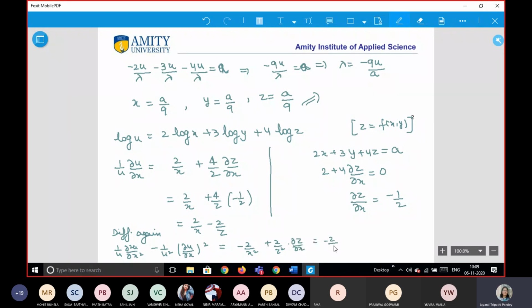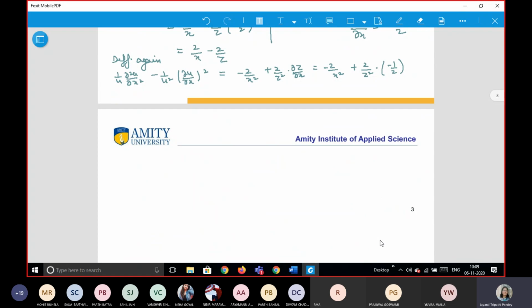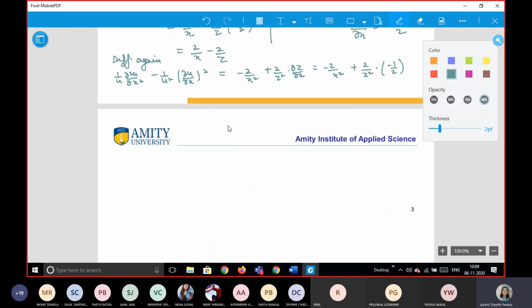So this is minus 2 by x square minus plus 2 by z square into minus half. So that is equal to minus 2 by x square minus 1 by z square.